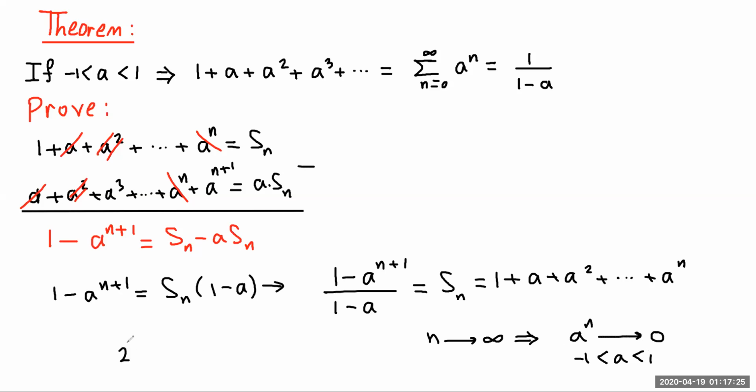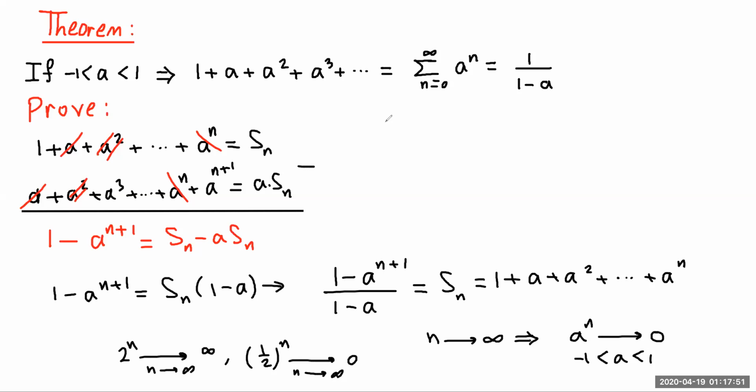Remember that if I take 2 power n, the limit when n goes to infinity is infinity. The limit of half power n when n goes to infinity is 0. So if a is like a half or any number between minus 1 and 1, a power n always goes to 0.